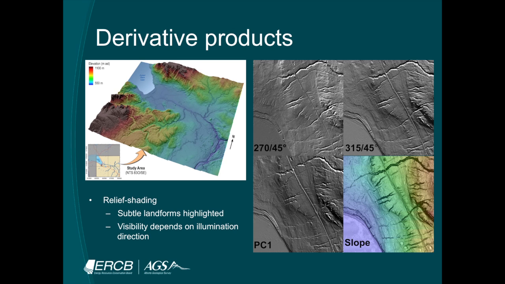Some of the things we do, obviously lots of images like this already, but relief shading is the typical derivative product that we would use. But it still suffers from a few problems, particularly when we're mapping linear landforms of a relatively small scale, because their visibility is dependent on the chosen sunlight orientation.